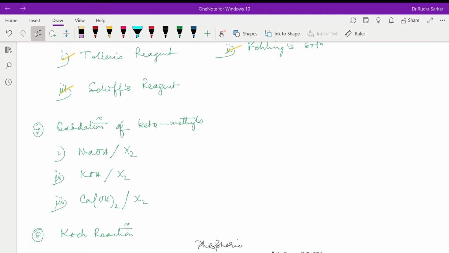If you have a ketomethyl group, something like this, these will undergo haloform reactions in presence of NaOH or X2.